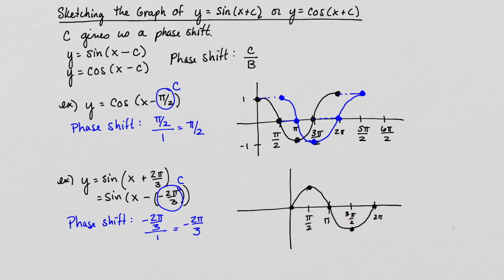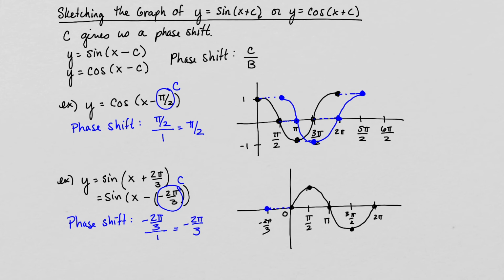So the first thing we're going to do is we need some more spots on our axes here. So 2 pi over 3. So we're going to take each of these points and subtract 2 pi over 3. So if I take 0 minus 2 pi over 3, that's just going to give me minus 2 pi over 3. So this first point here is moving backwards to minus 2 pi over 3.